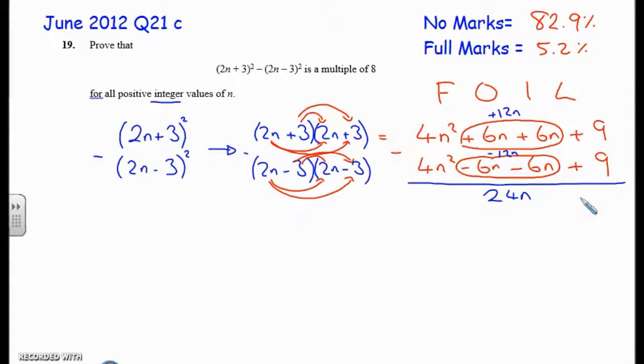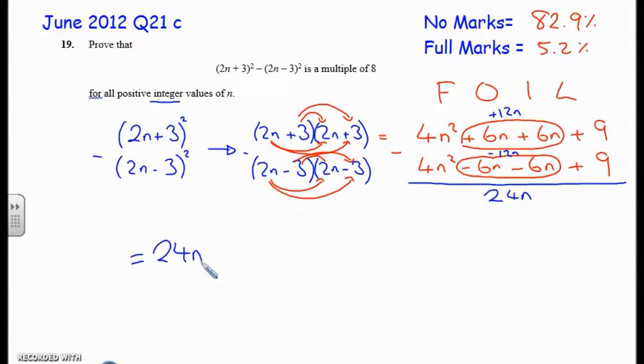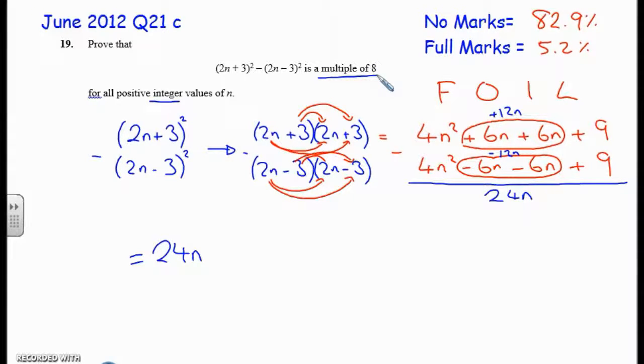And that is part of the way to the answer, really. Now, how do we show that 24n is a multiple of 8? That's the key bit here. We've done the working. It's just putting it in a format that the exam question wants us to have it in.